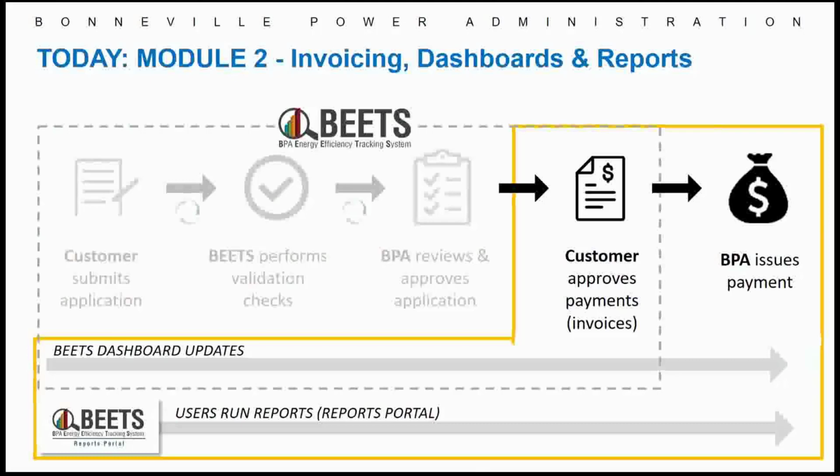This is where we're going to show you how you can run a report and get a lot of information about your projects and measures, so that you can extract it from the system. If you want to do it for reconciliation or do some data mining or analysis of your reported projects and measures, you'll be able to get that data through the reports portal.